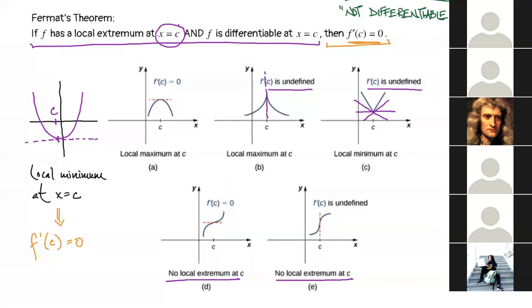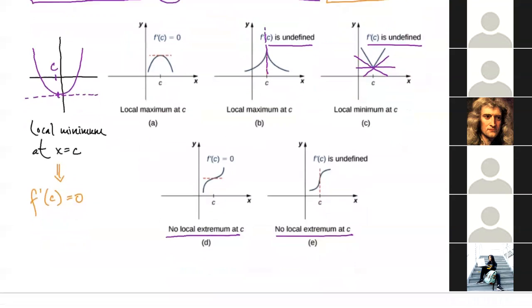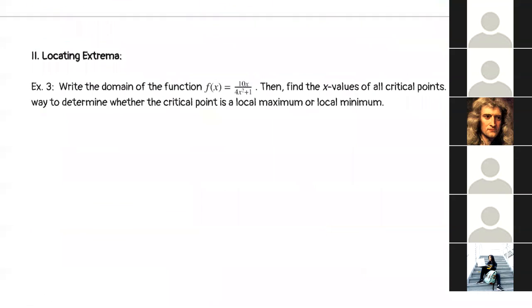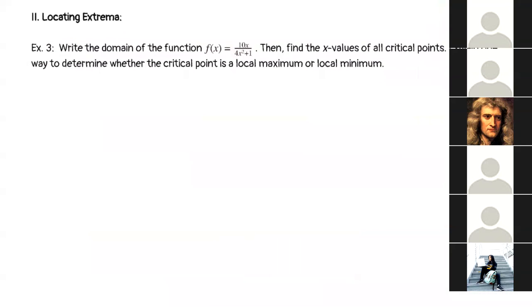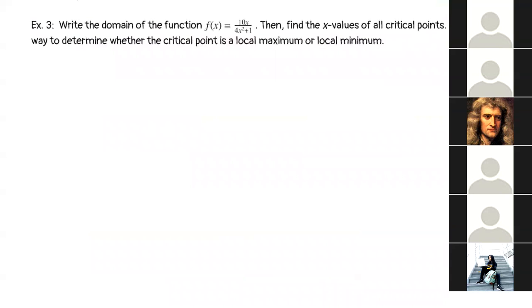All right. So let's finish up this section with 2 examples on locating the extrema. We're going to take a look at example 3, and then we'll take a look at example 4. For example 3, I want us to consider a few things.